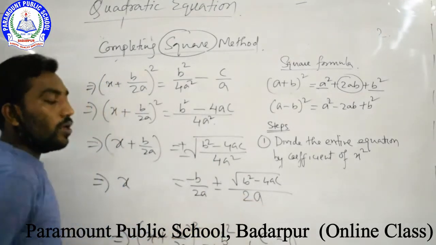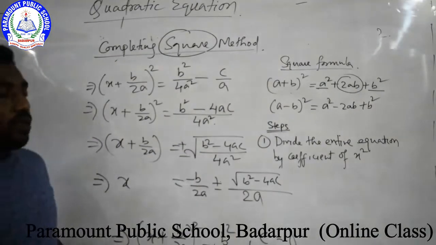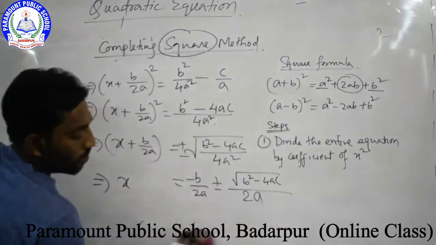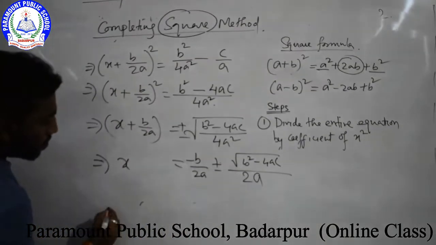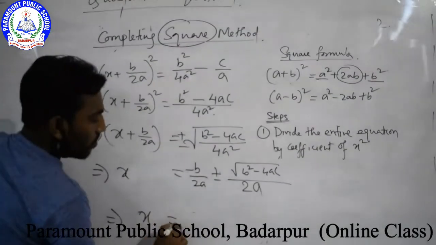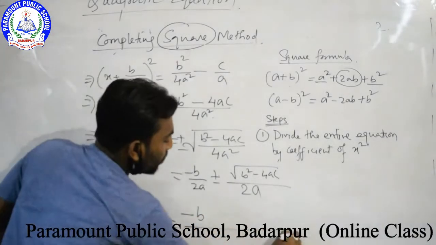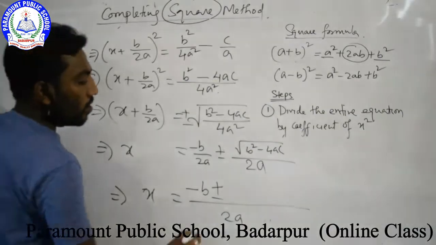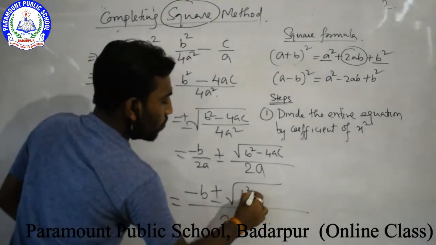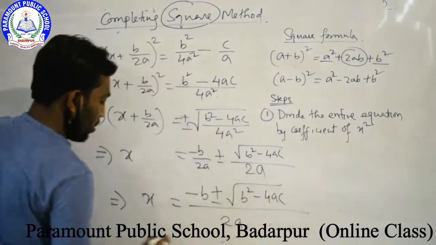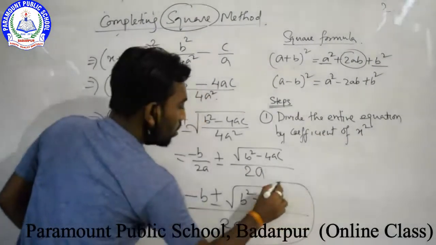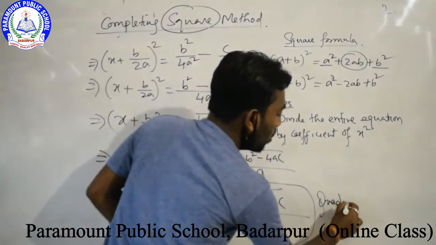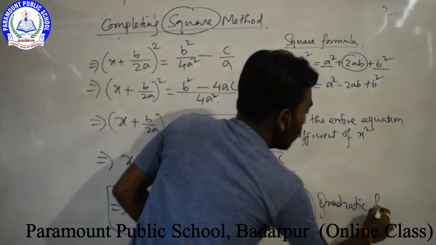So it will become b square minus 4ac by 2a. So our x is equal to nothing but minus b. If we take the LCM, 2a, it will become minus b plus minus root over b square minus 4ac. So this is nothing but our quadratic formula.